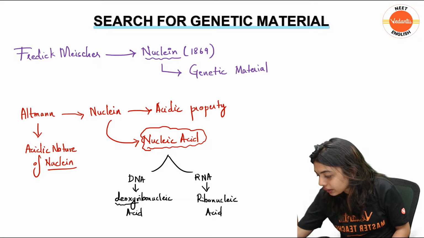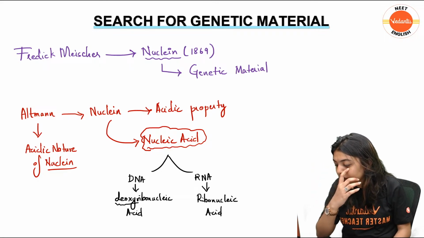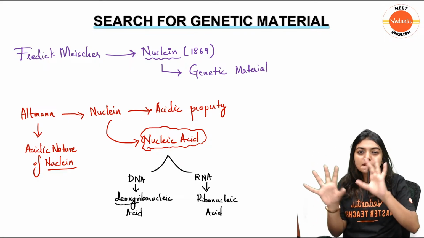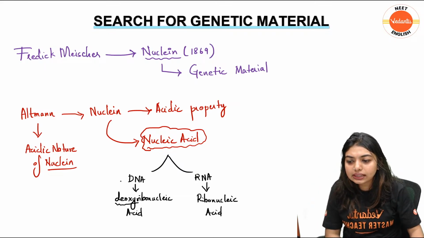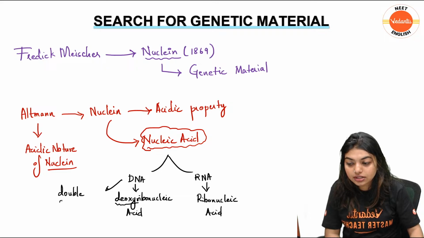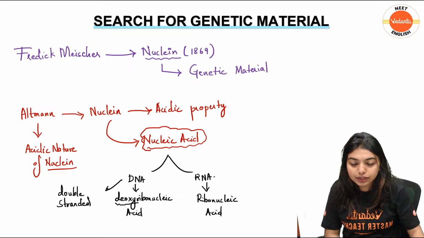So far good, students? This is how much they understood. And they knew that DNA was double-stranded. They didn't know the double helical structure, but they knew it was double-stranded. And they knew RNA was single-stranded.